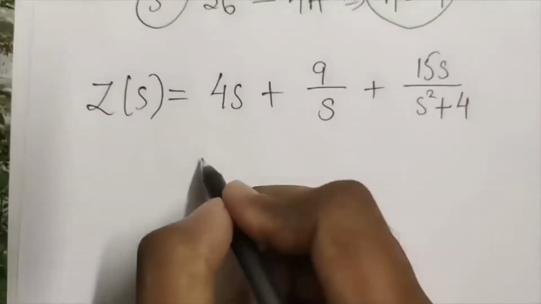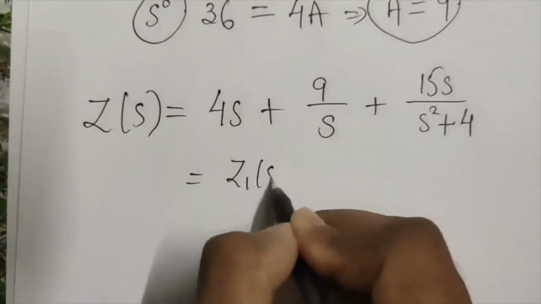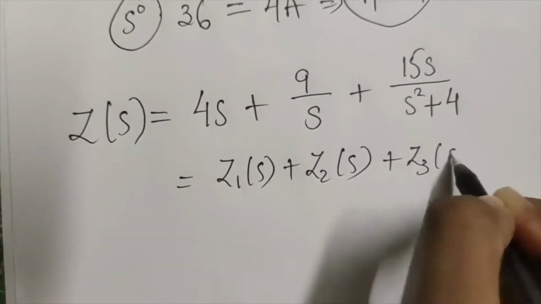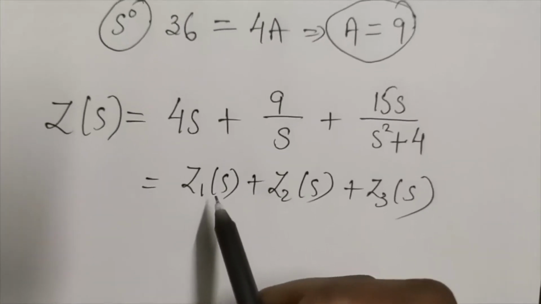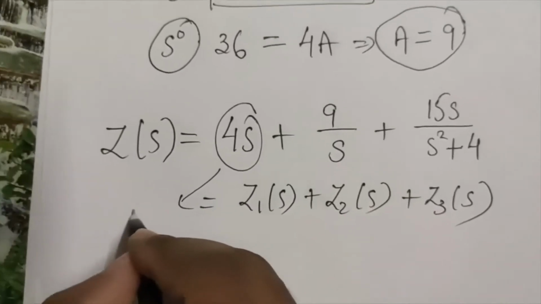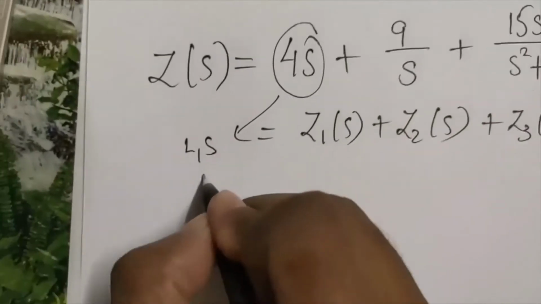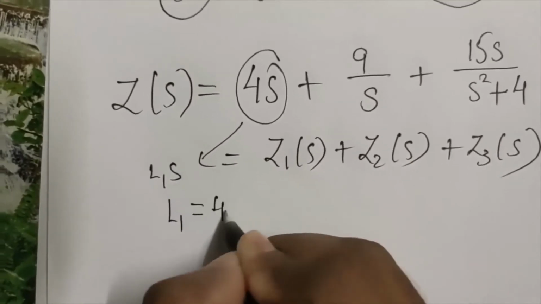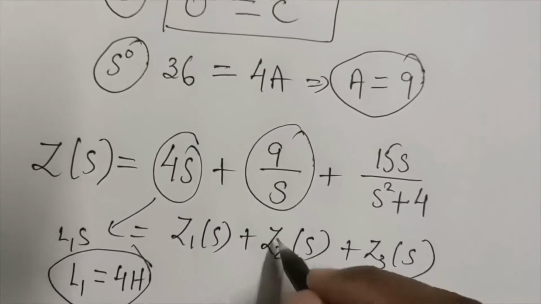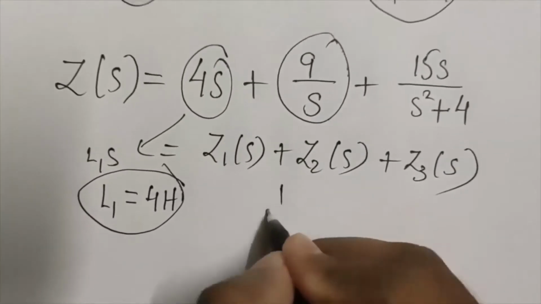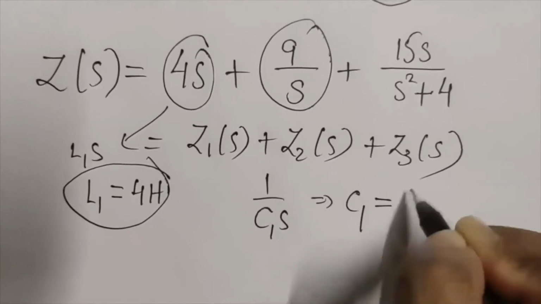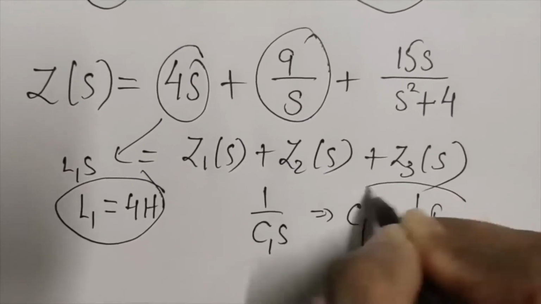So this I can consider as Z1 of S plus Z2 of S plus Z3 of S. As we have already seen, the first term is in the form of L1S. So L1 value is 4 Henry. The second term is in the form of 1 by C1S, which implies C1 value is 1 by 9 farads.